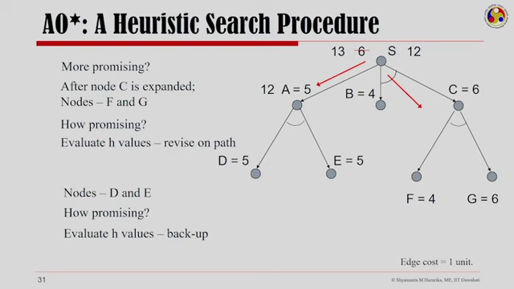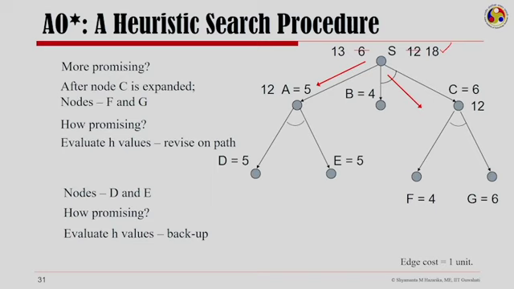So, I would have 12 here, and then a revised value going up, 12 plus 4, 16 plus 2 because of the 2 connector, and that would be a value of 18. That is, when I have expanded the nodes of C, I now have an estimate of 18 for the solution that starts with the 2 connector from S.